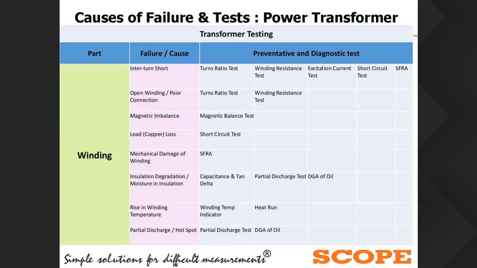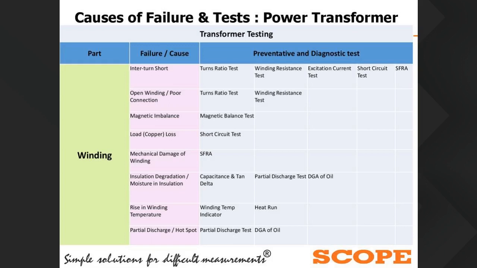Here you can see the left part indicates the winding, and the reasons behind winding failure: interturn short, open winding or poor connections, magnetic imbalance, increasing copper loss, mechanical damage in the winding during transportation or shipment of the transformer, insulation degradation, rise in winding temperature, then partial discharge or hotspot.